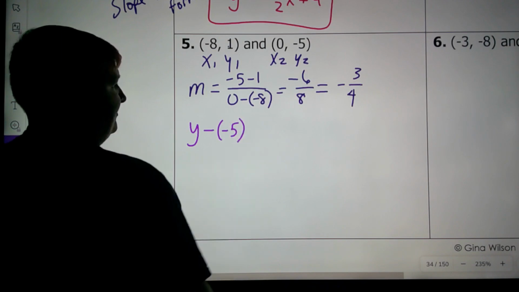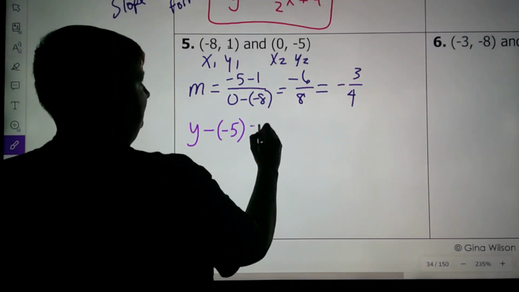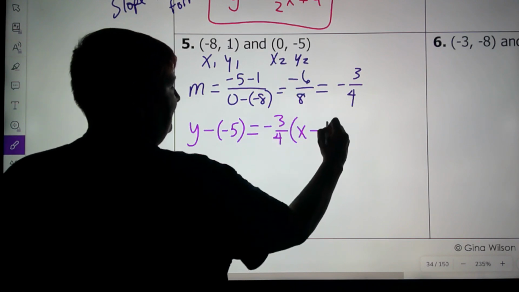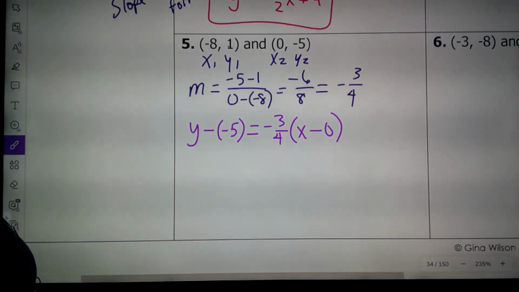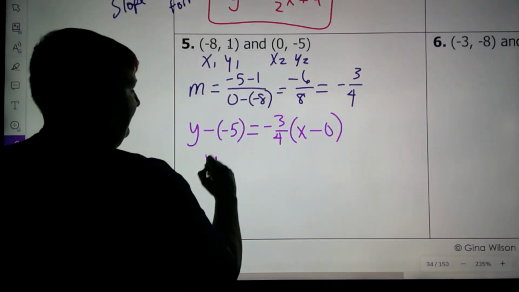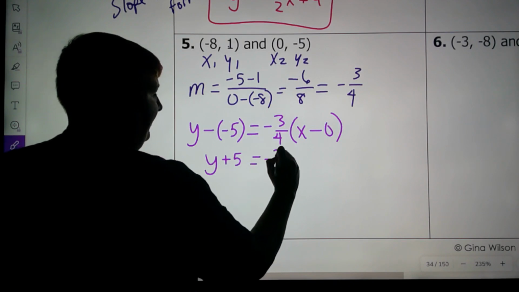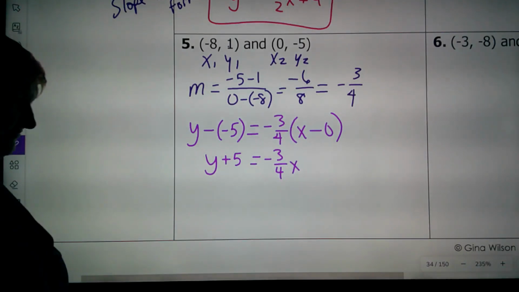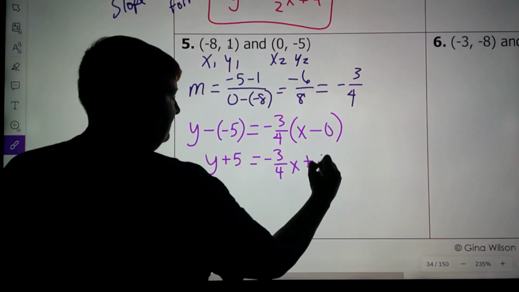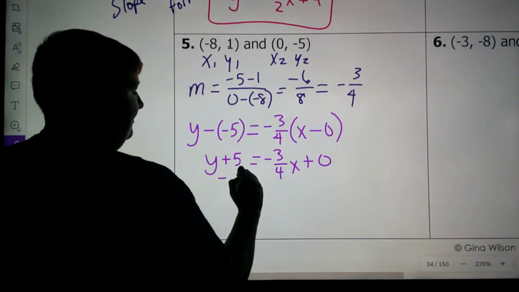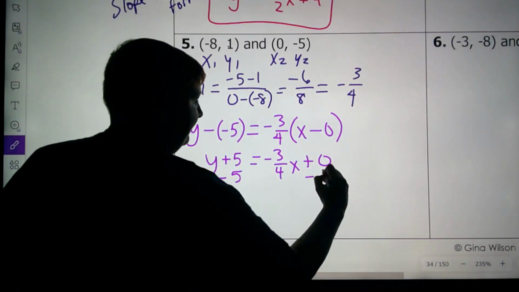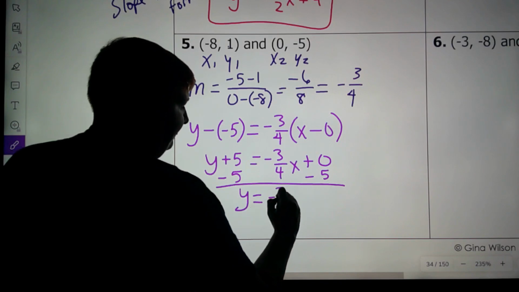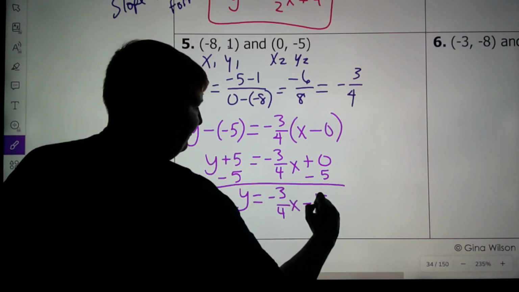Let's do that point this time and see what happens. Equals m times x minus 0. Y plus 5 equals negative 3 over 4x. Anything times 0 is 0. So let's just put 0. You don't have to put the 0, but it helps so that you know to line up your constants, line up your like terms. Negative 3 over 4x minus 5.